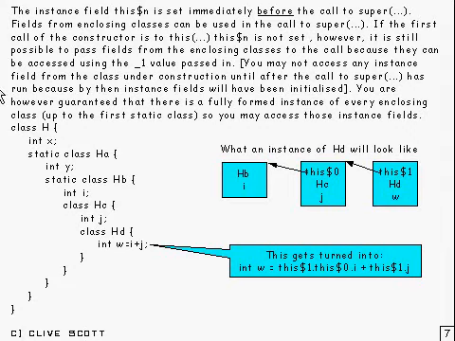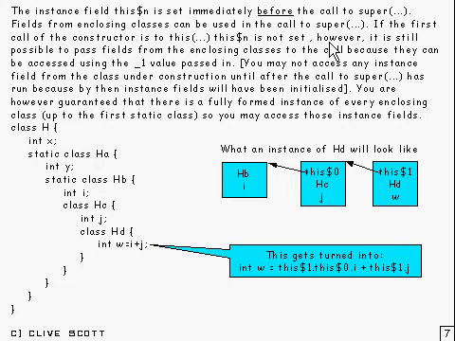Alright, just to summarize things, the instance field this$n, whatever n is, is set immediately before the call to super, and it's final, by the way. Now, fields from enclosing classes can be used in the call to super, and if the first call of the constructor is to this instead, this$n is not set.